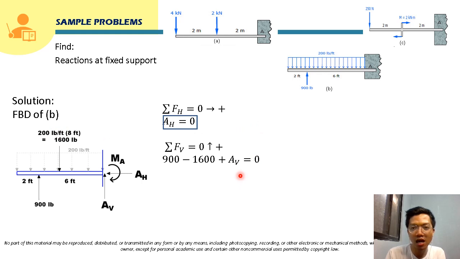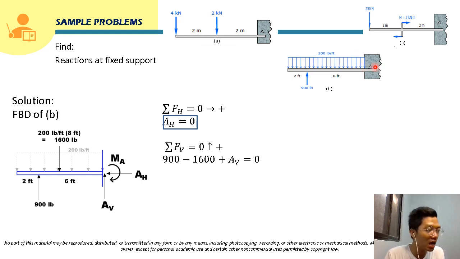And by the way, I forgot to say that this uniformly distributed load, we will resolve this into its equivalent point load. So its equivalent point load will just be the area of this rectangular load. So this will just be base times height. Okay, and it will just be 200 pounds per feet times its length, which is 8 feet.